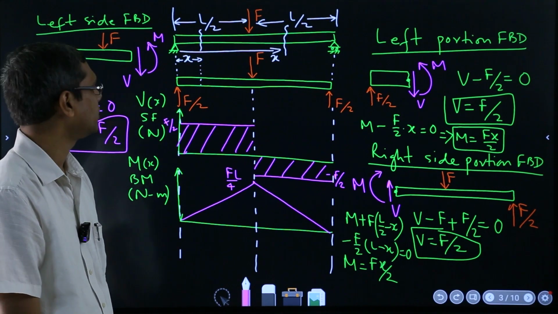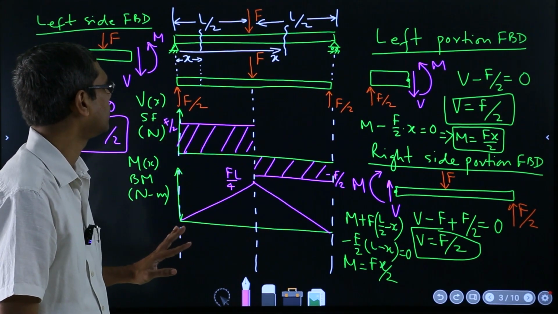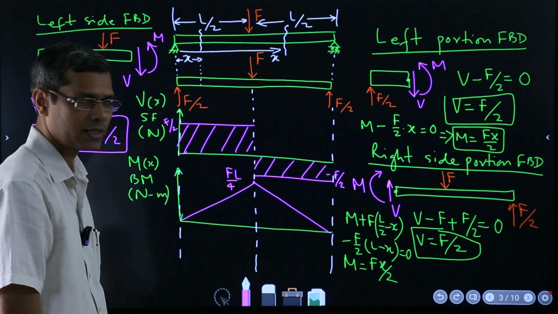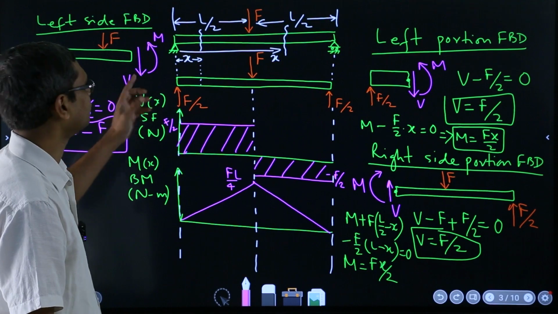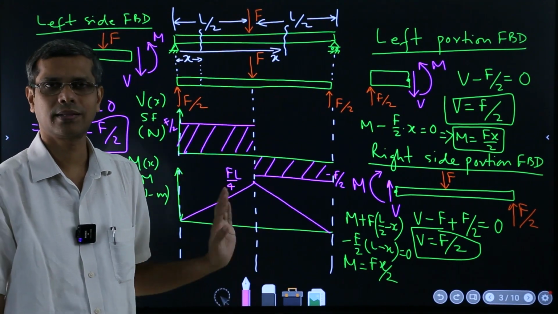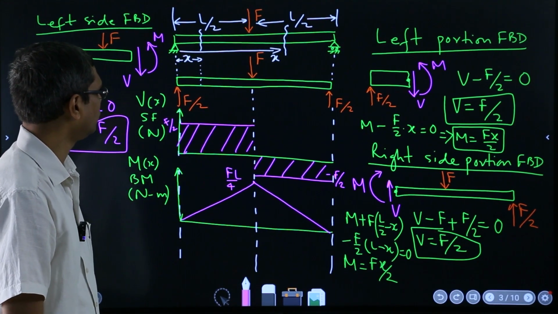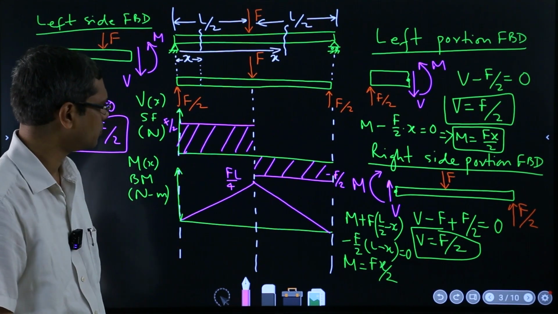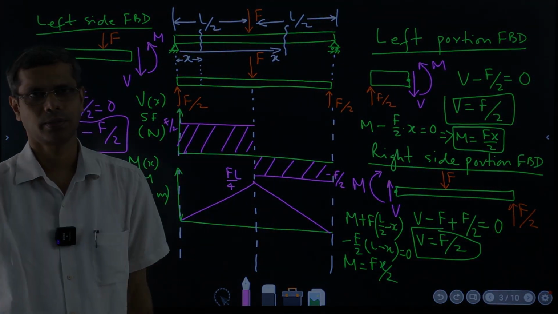So that will be your complete shear force and bending moment diagram, and this is the method of calculation. And then again I am repeating, you could have done that very easily by taking the right side portion also, exactly the same answer you will get. So we will stop here for this shear force bending moment diagram section, and we will meet in the next segment. See you.